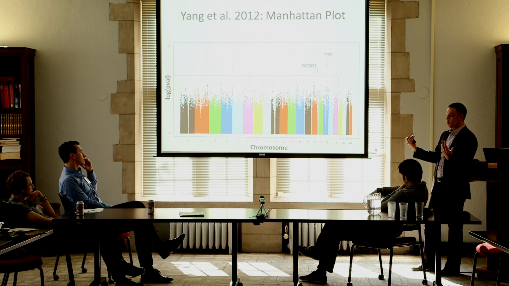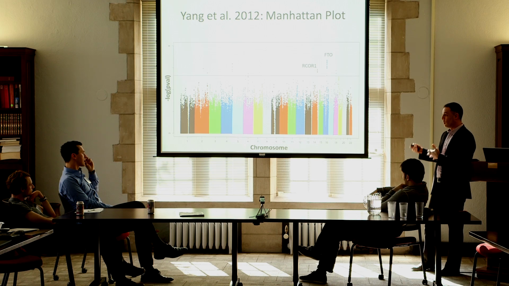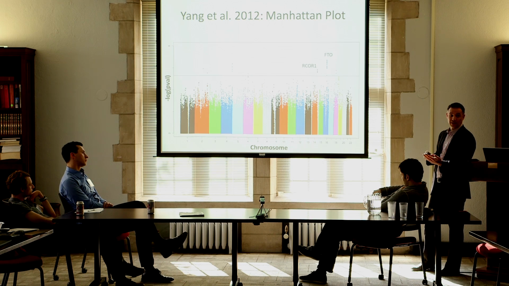Then GWAS threw that out the door in order to get large Ns, and in doing so introduced a whole other set of problems of confounding. If you're just pooling data from individuals across all these studies, there's no real way to separate out the mean effects and the variance effects.